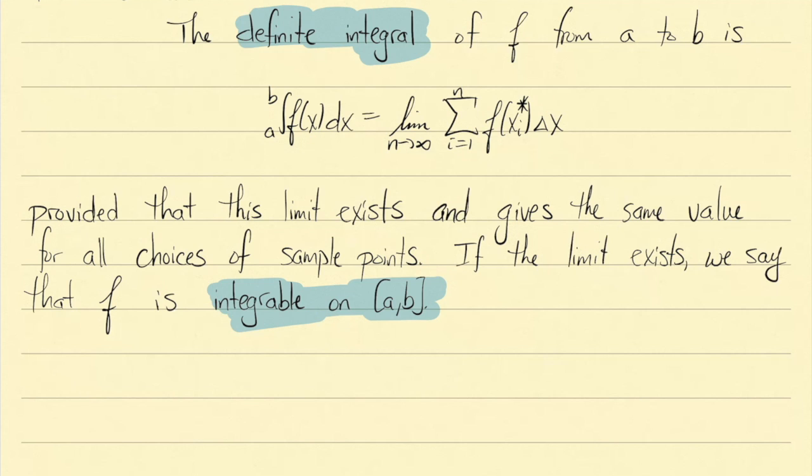It's defined to be the limit as n goes to infinity of the sum from i equals 1 to n of f evaluated at xi star multiplied by delta x.